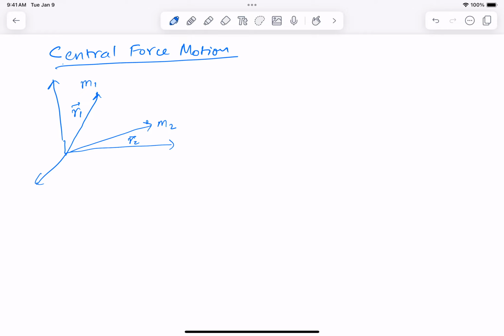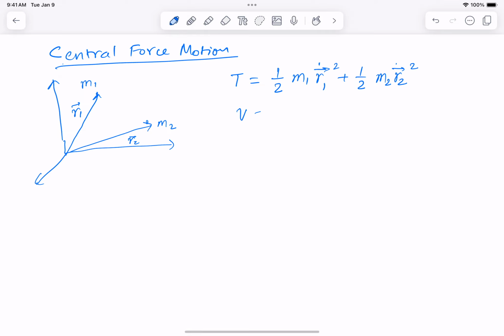Our first goal would be to derive the equation of motion of these two objects, and for that we can write the kinetic energy. So the kinetic energy of this whole system is going to be half m1 r1 dot squared plus half m2 r2 dot squared. Okay, that's the kinetic energy.